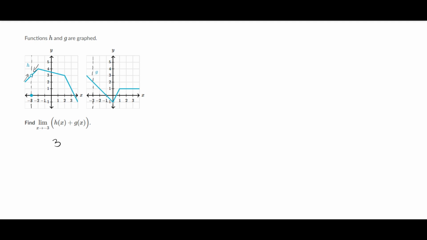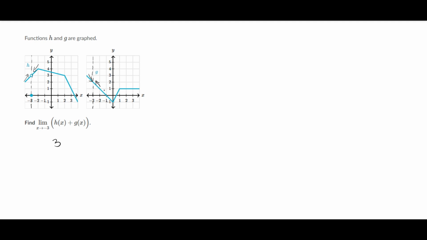Next, we have function g, and again, a border on minus 3, left side, right side. The left side is approaching our border to the value 2, like here, yes. And from the right side it is approaching the value 2 as well.